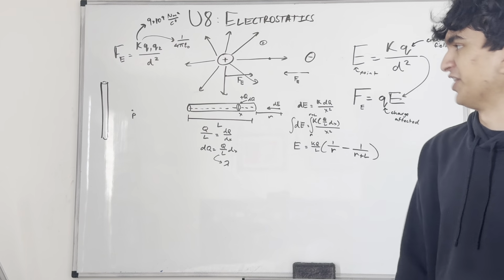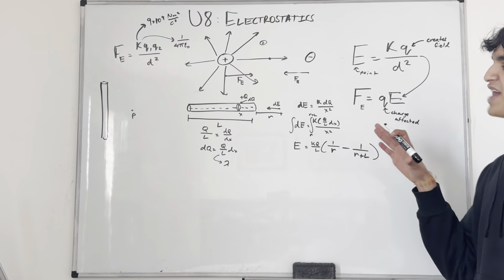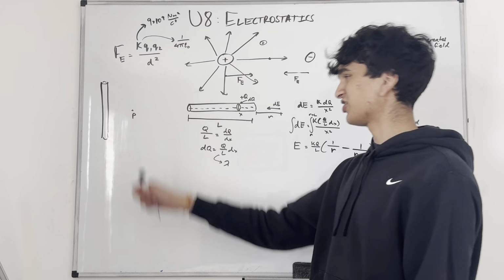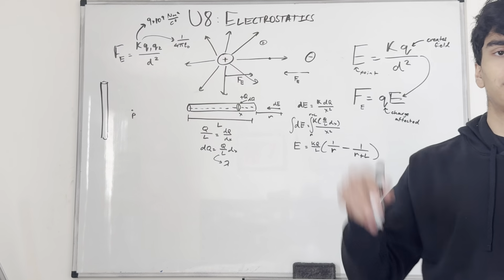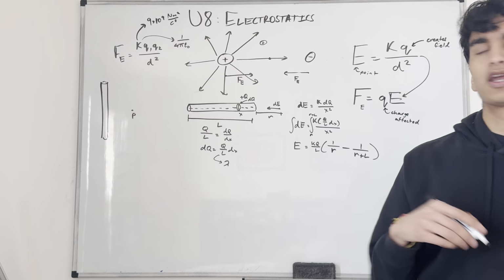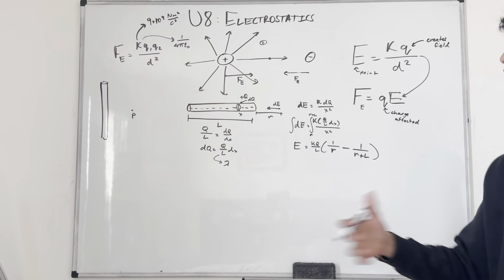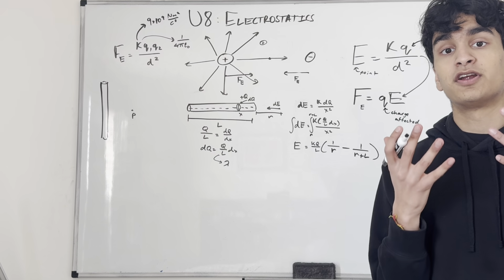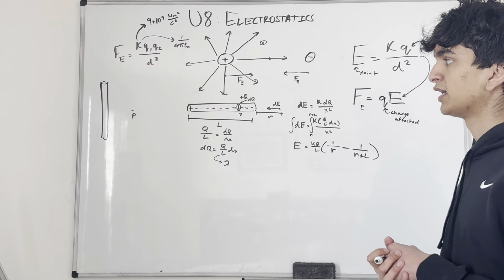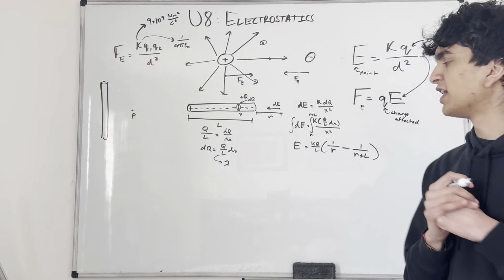Picture is 1,000 words. I need to find the electric field at point P. This is actually a much more complicated example. If you go through your steps and integrate with thetas and stuff, it's a pretty hard integral. I have a video on how to go about doing this using this equation, but there's a better, easier way, assuming you make some approximations.